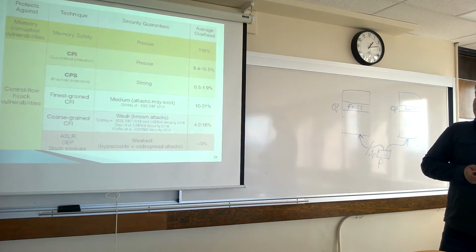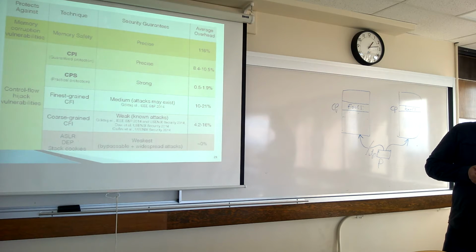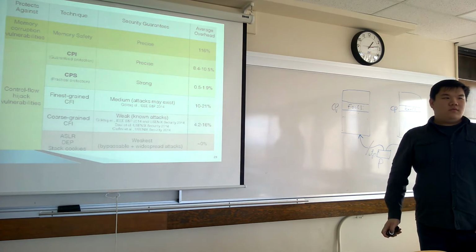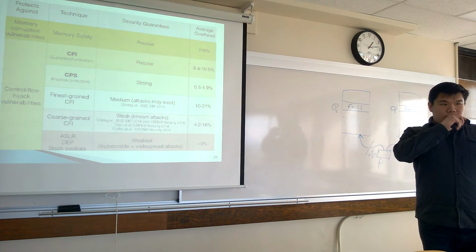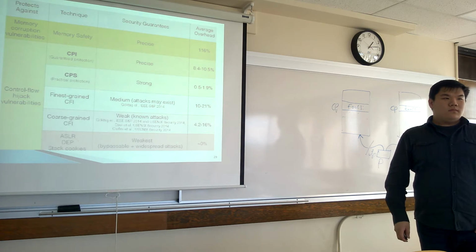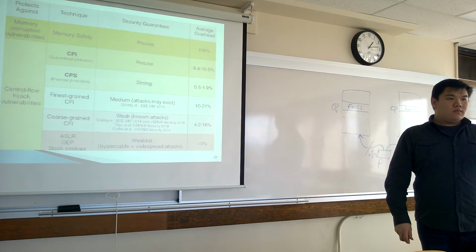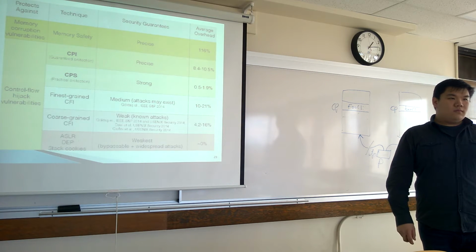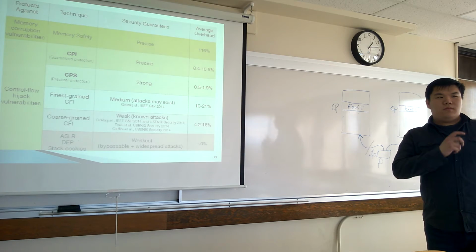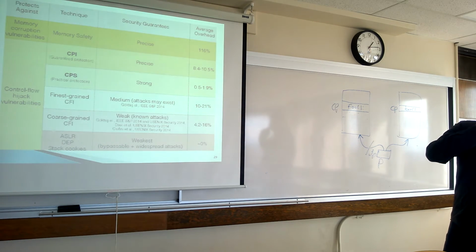So for instance, how easy was it to make a precise call graph so that you know exactly which function was being called at a particular point? Extremely difficult. In fact, maybe impossible to do perfectly with static information. And so without that information, you don't know which calls are valid targets and which aren't, and so it's difficult to protect for. And the idea is that CPI and CPS are a little bit better on those potential vectors.